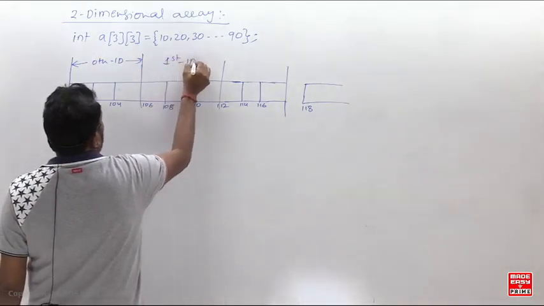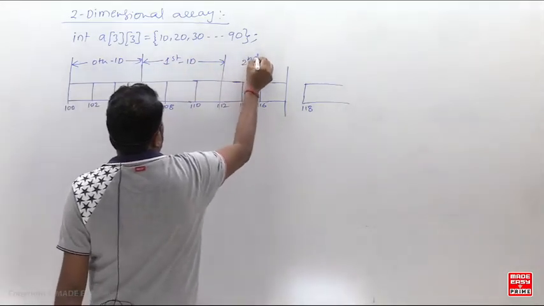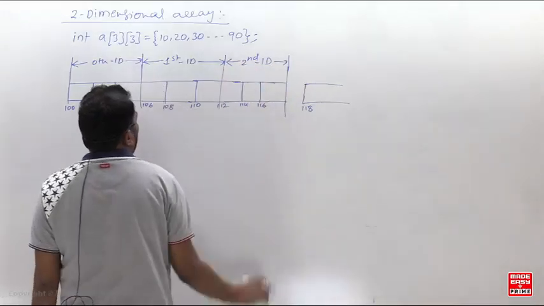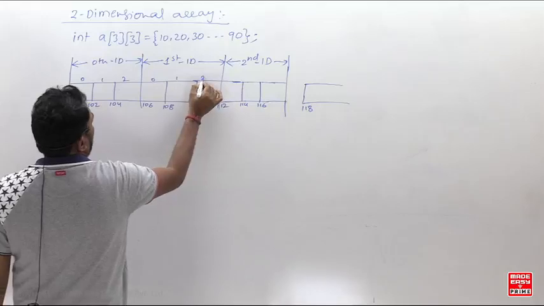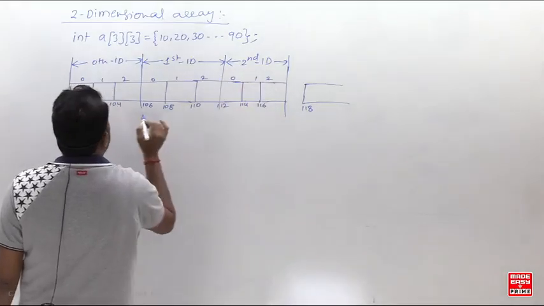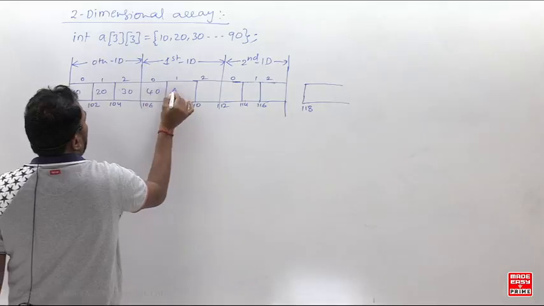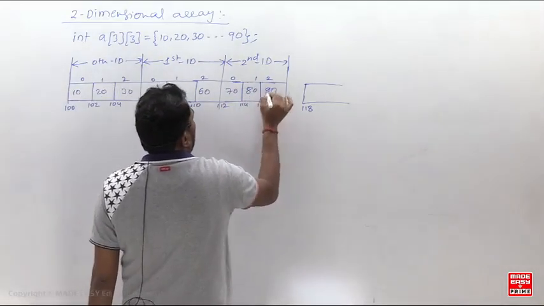This is the first 1D array. This is the second 1D array. Indexes 0, 1, 2, 0, 1, 2, 0, 1, 2. The values are 10, 20, 30, 40, 60, 70, 80, 90.